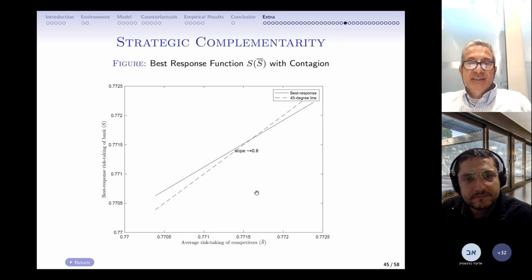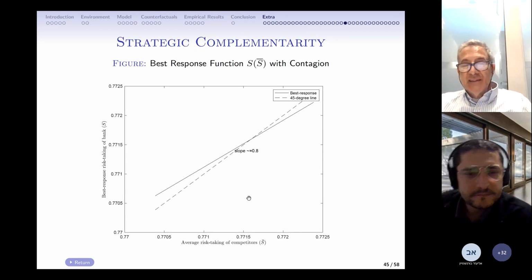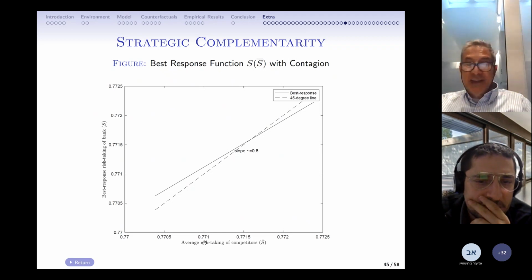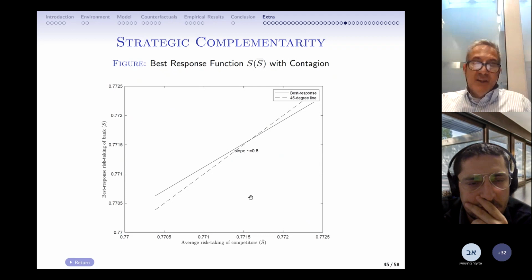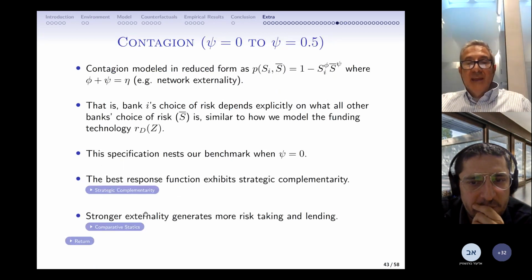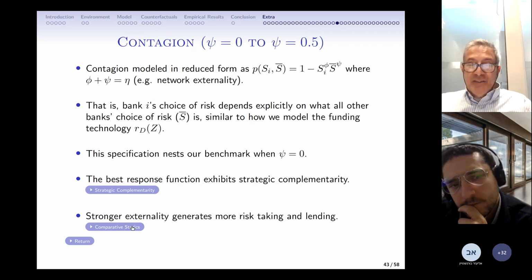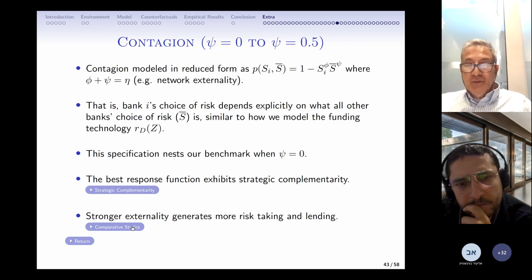Here's where you can see that if other people are taking more risk, then it makes me want to take more risk. If there's a bigger externality, it also generates more and more risk.